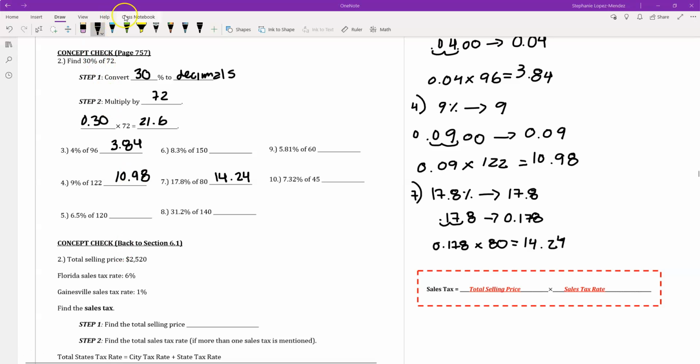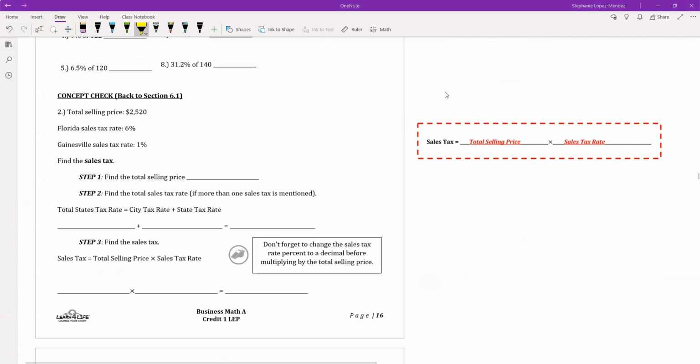Again, using the same steps. Step number 1, we convert the number to decimal, and then step number 2, we multiply our decimals by the amount given, and that's how we find our answer. Now we move to our concept check.